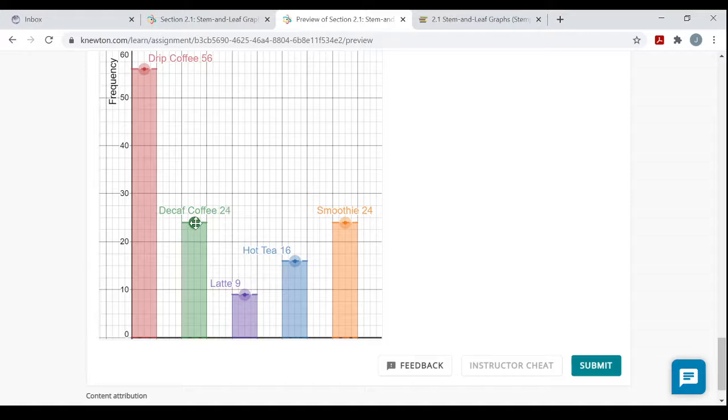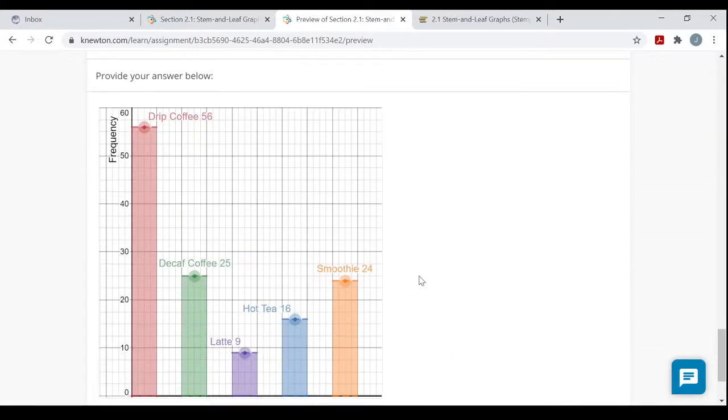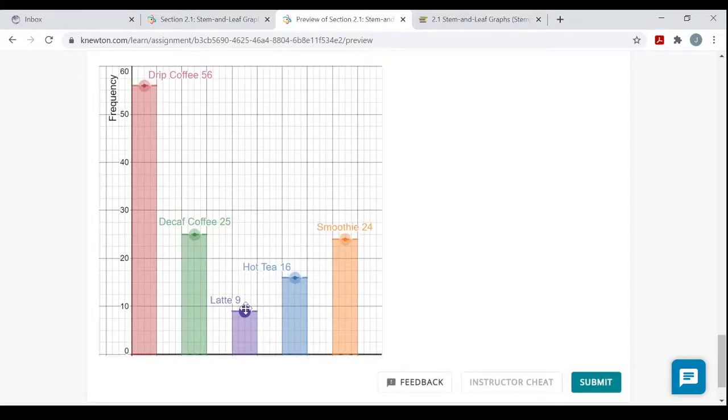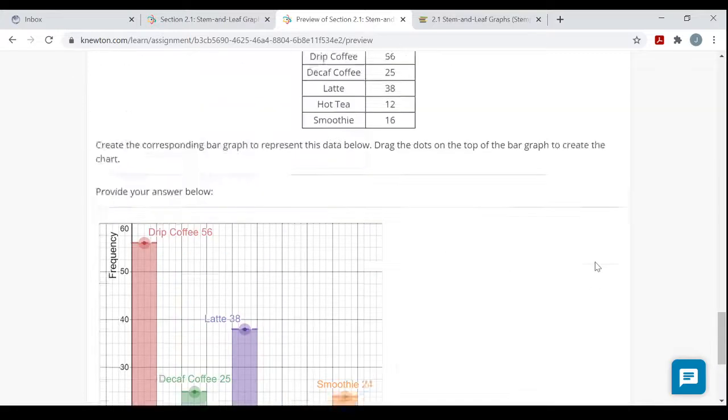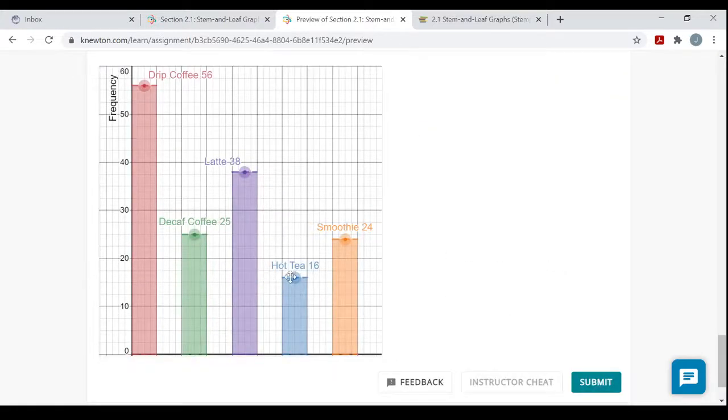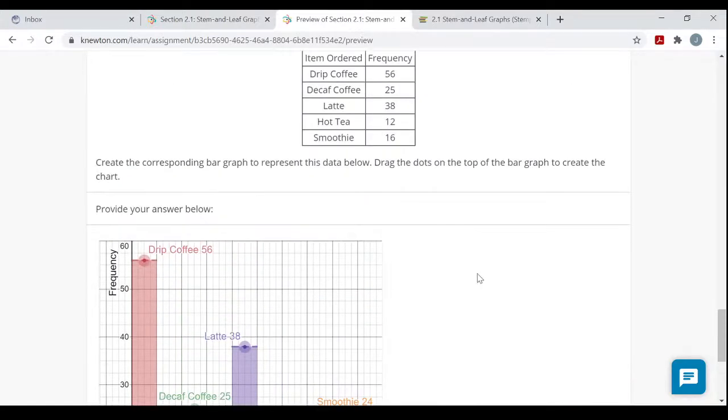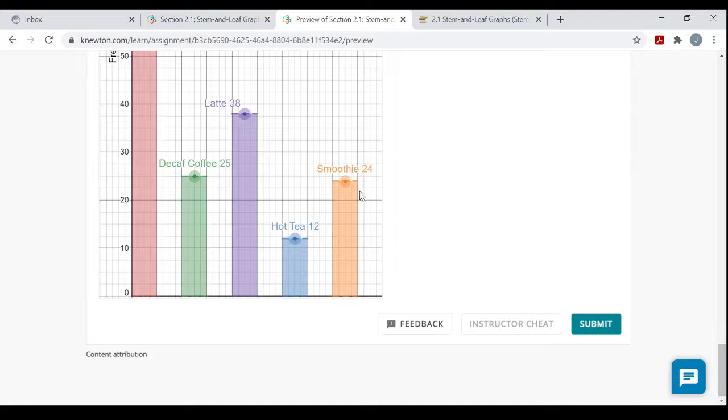Make sure 24, 25. Stop. All right. Lattes. 38 people ordered a latte. So I drag that up to 37, 38. Good. 12 people ordered a hot tea. There we go. And 16 people ordered a smoothie.